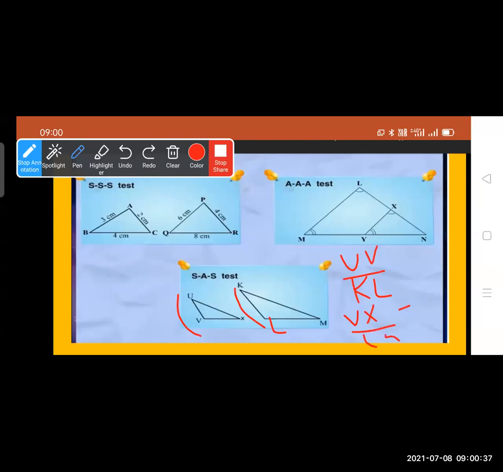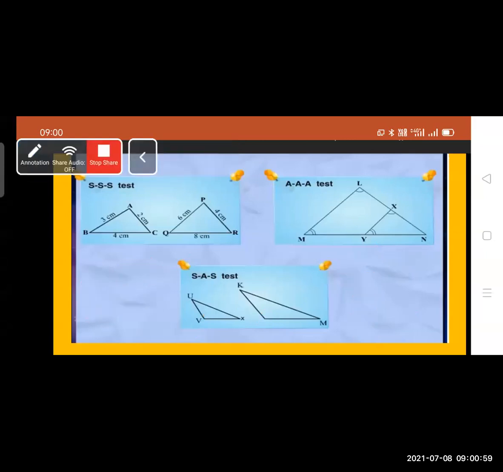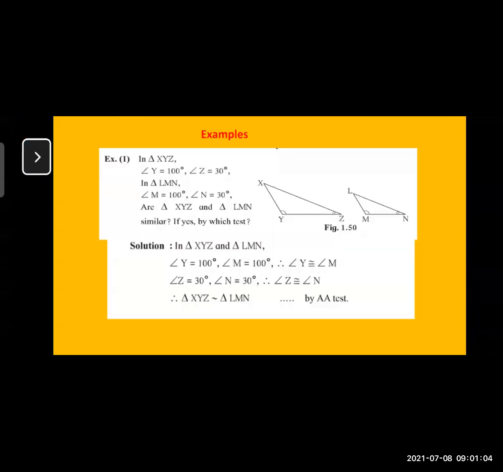Okay, these two ratios are equal, and angle V is congruent to angle N. If these three conditions are satisfied, then we say that triangle UVX is similar to triangle KLM by SAS test of similarity. Okay, so here we solved one activity, then we see the next example.